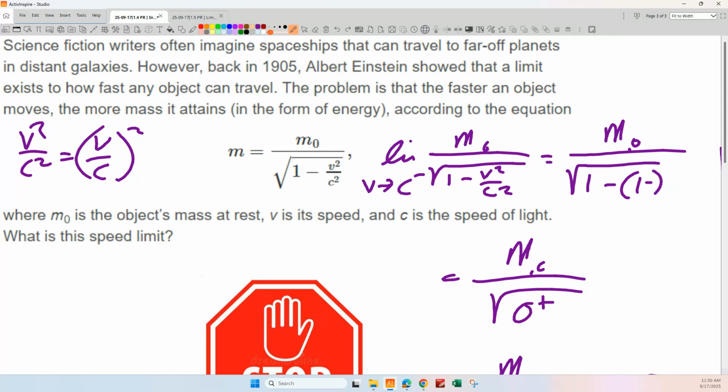You can invest an energy equivalent to the entire energy usage of the rest of the Bay Area in this one little packet of positrons, anti-electrons. And even then, they don't go the speed of light. They just go 99.999999997% the speed of light.